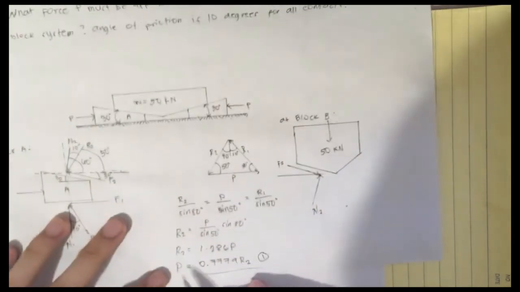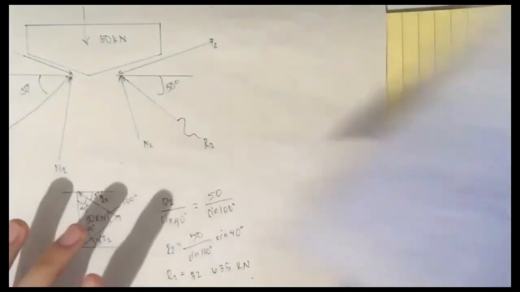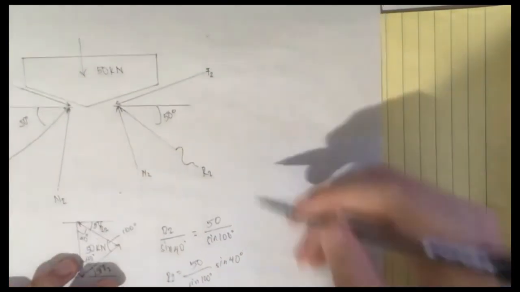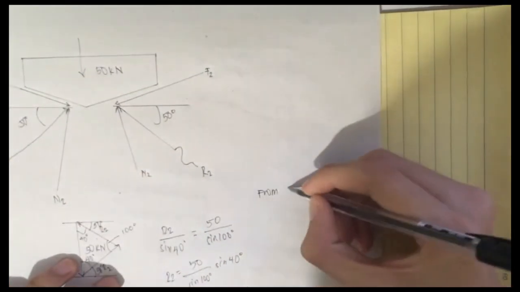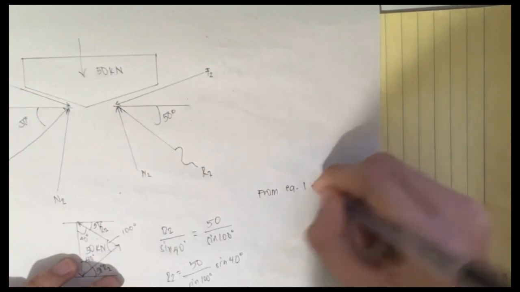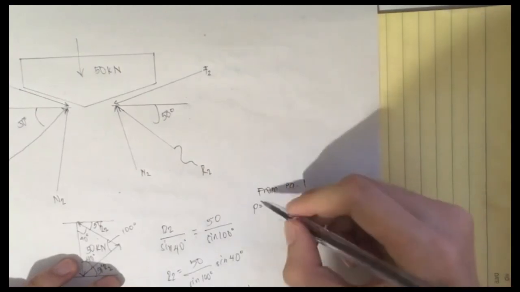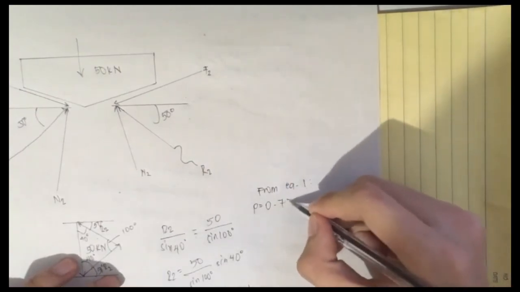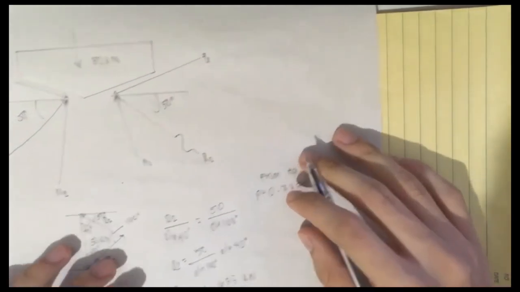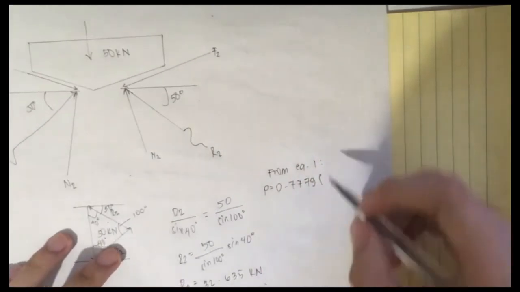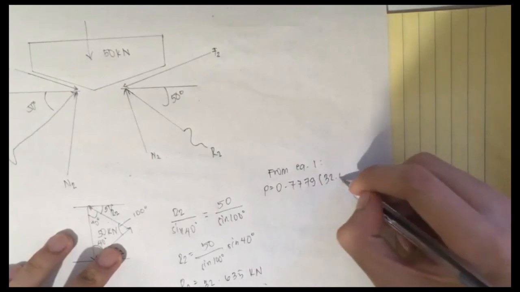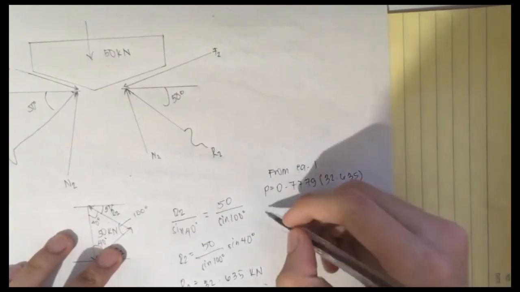Now that we have R2, we will input the value of R2 in P from equation 1. From equation 1, P is equal to 0.7779 times R2, which is 32.635.